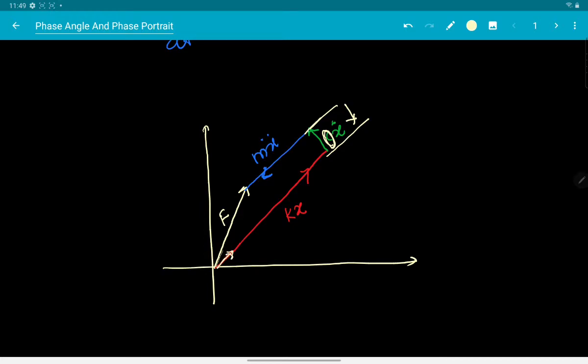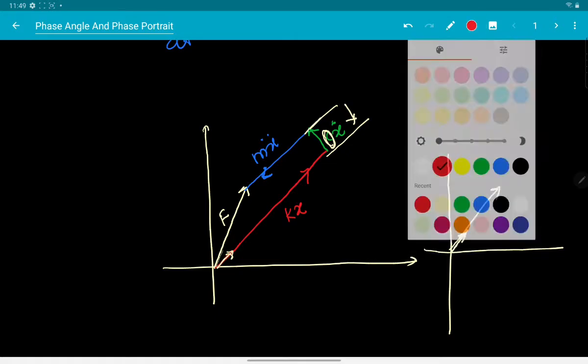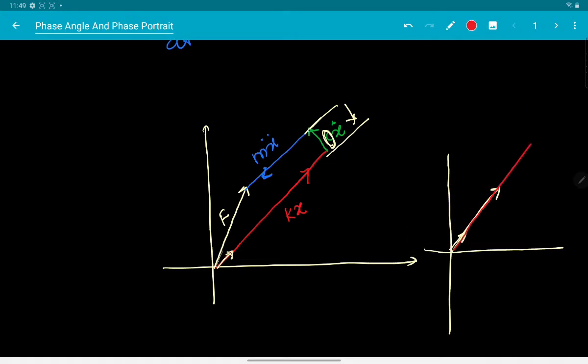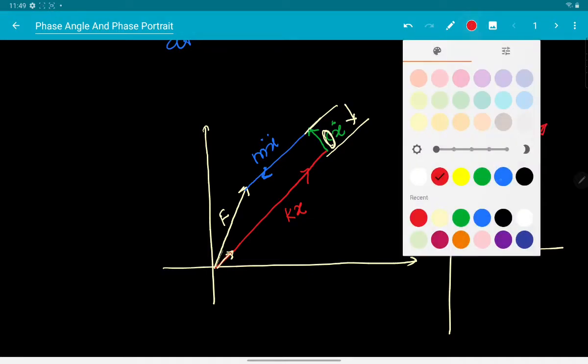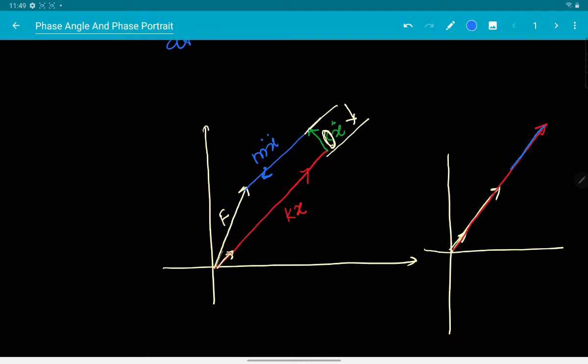So in the limiting case, when c is 0, this is how f will look. Then x will be in the direction of f itself, k x will be like this, c x dot will be 0, and m x double dot will be like this. Everything is in the same line because c is 0.